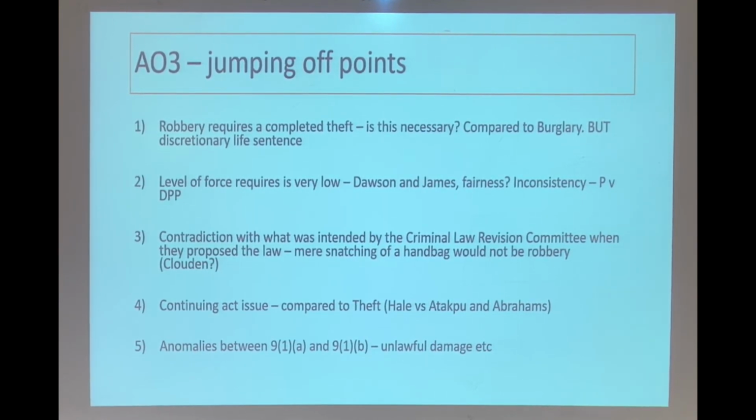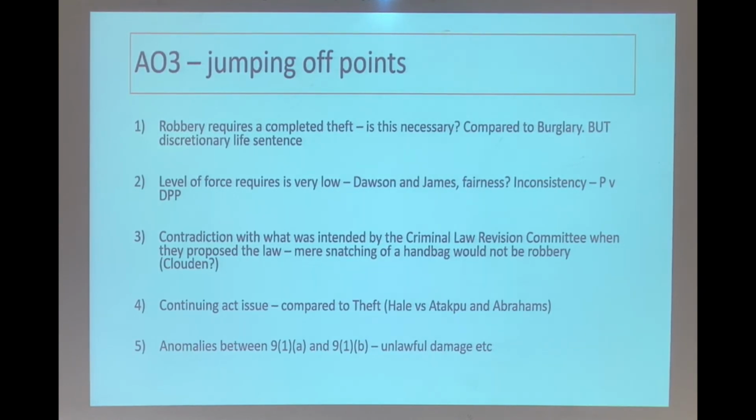So what that means is, if you enter with another intention, an honest intention perhaps, and then do unlawful damage in the building, you wouldn't be guilty of 9(1)A or 9(1)B, because it's not mentioned in 9(1)B, and you didn't enter with the intention to do it for 9(1)A. So you wouldn't be guilty. You would, of course, be guilty of criminal damage and so on, but you wouldn't be guilty of 9(1)B.